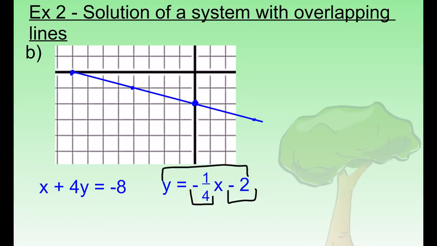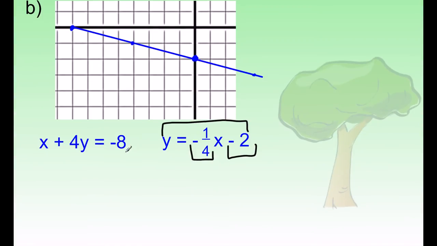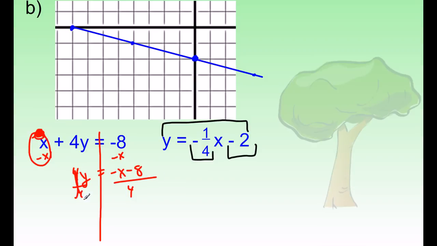All right, other equation. Solve for y, so I'm going to subtract x. Those cancel. 4y equals -x minus 8. Divide by 4. Those cancel.